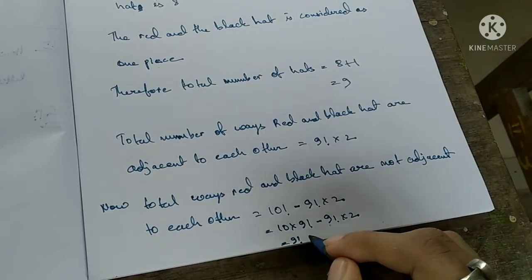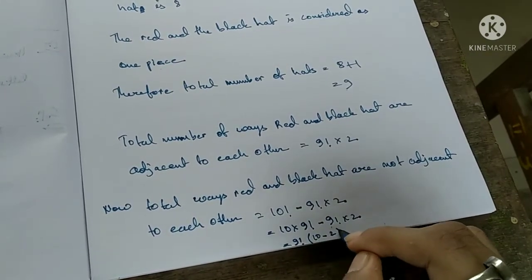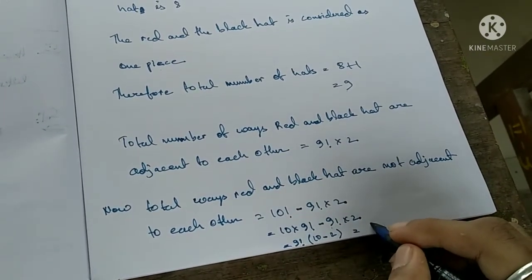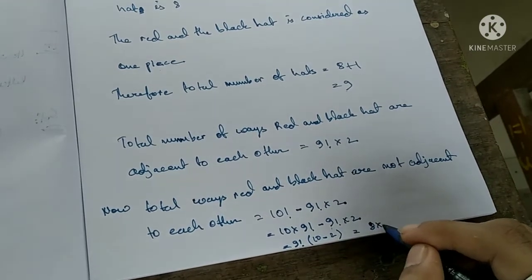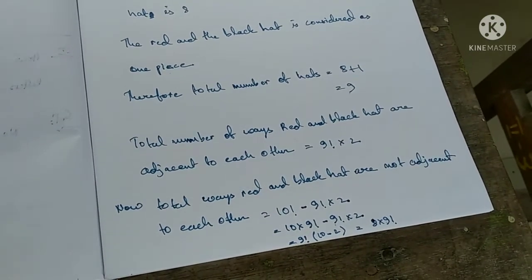If I take 9 factorial common, then 10 minus 2, which ultimately gives me 8 into 9 factorial. This is the answer.